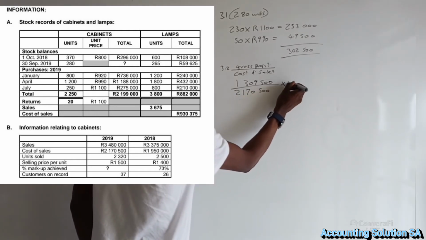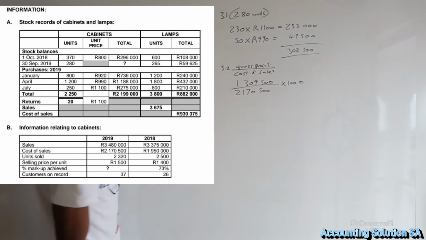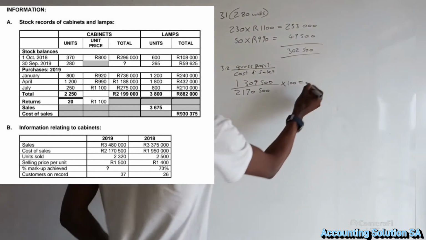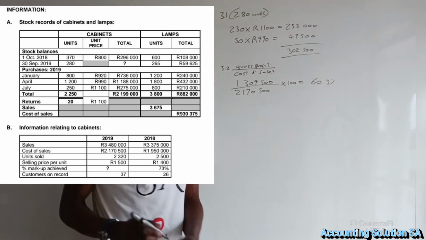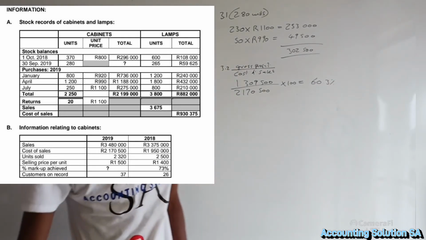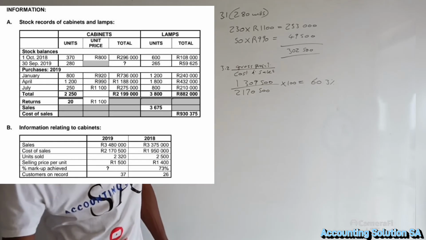Then we multiply by 100. If you do this, you're going to get 60.3%. Very simple. Okay, now let's proceed.